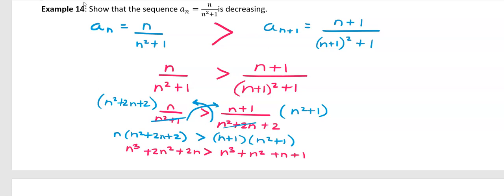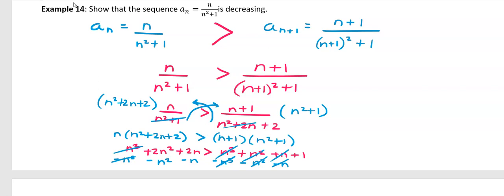Now what we need to do is combine our like terms to kind of move things around. So we're going to subtract our n cubed over, that'll cancel on the left and on the right. We'll subtract over the n squared, and we'll subtract over the n. So we're just basically cleaning this up and getting all of our terms on one side.